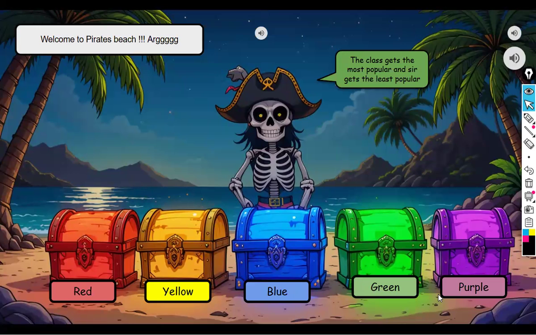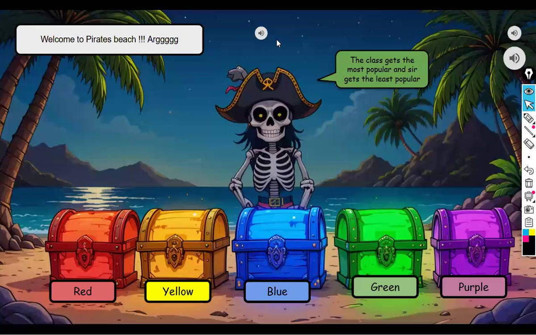Let's see which one you all as a class will choose. So it seems the least popular one is yellow, so I'm getting a yellow chest again. And the most popular one is the purple, so you guys choose the last chest. Let's go ahead and see what each chest has.